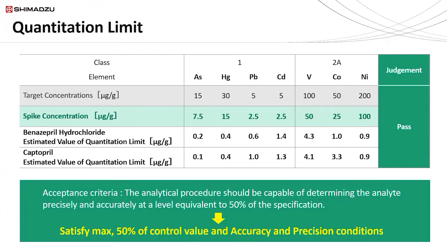So 15 ppm, the spike concentration would be 7.5. It would be 15 ppm for mercury and so forth. And as seen here, the concentration determined from that spike, it was easily able to quantify the analyte precisely and accurately at a level equivalent to 50% of that specification.